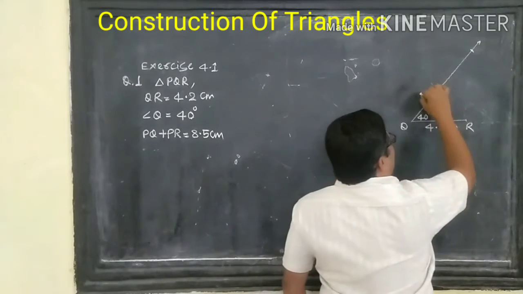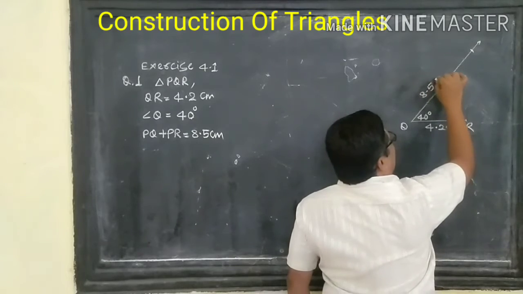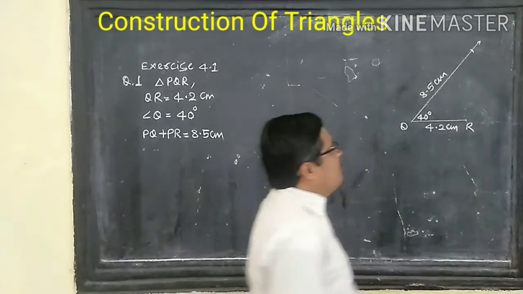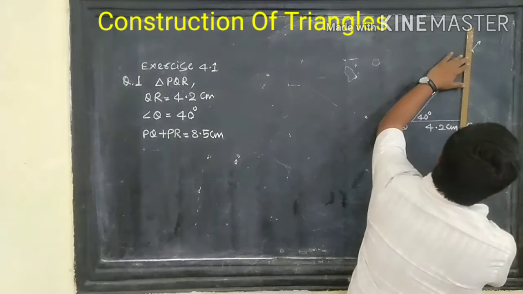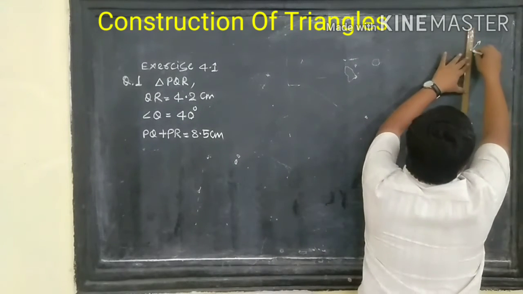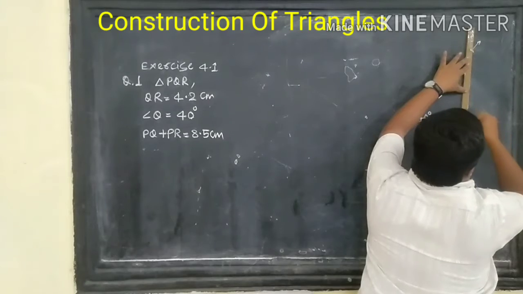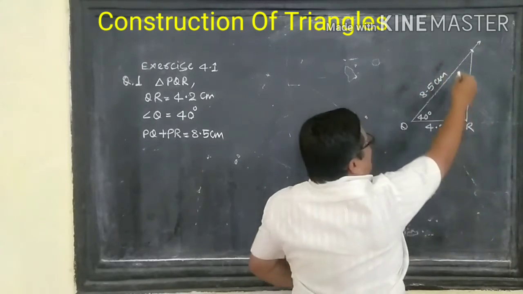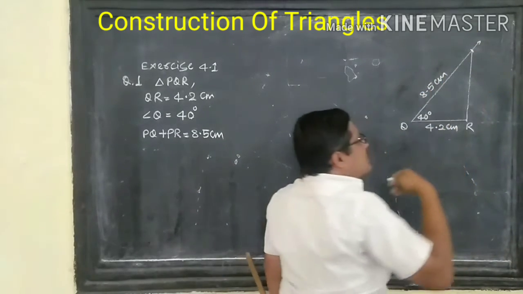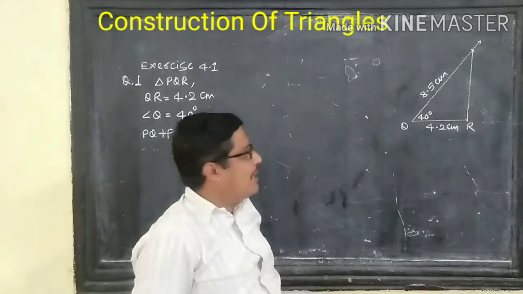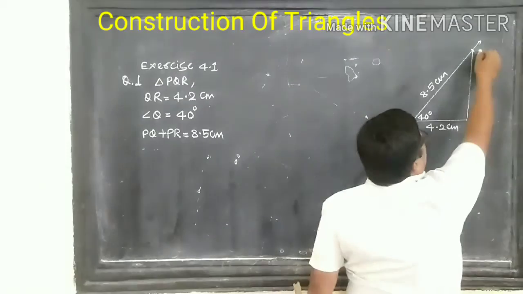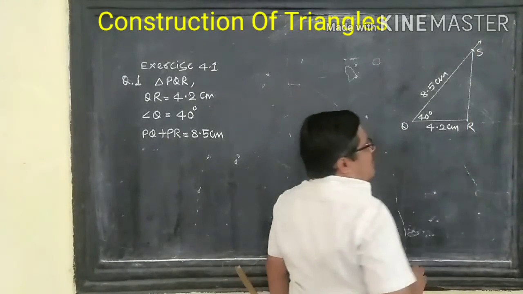So this length, total length is 8.5 centimeter. After that we have to join this point with point R in this way. Now this is a point which is outside the triangle, that means apart from triangle. So this we can name as S.